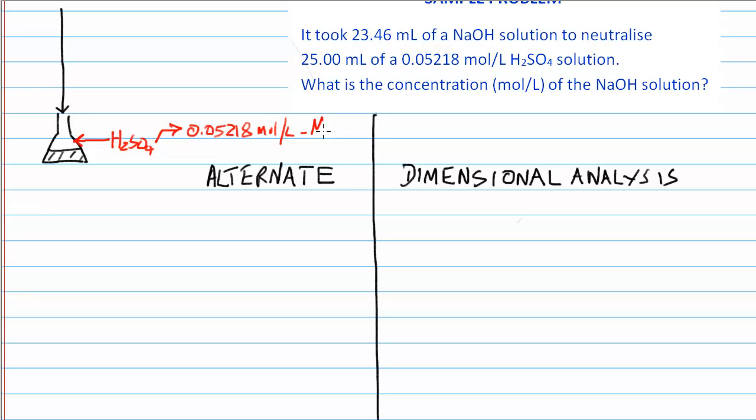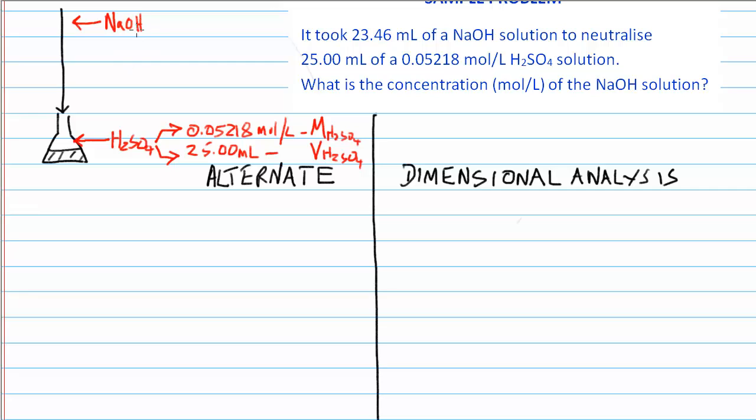So we can call that the molarity of the sulfuric acid, H2SO4. What else do we know about the sulfuric acid? Well, we know that we titrated a 25.00 mL sample of the acid solution. So we can call that the volume, or V, H2SO4.